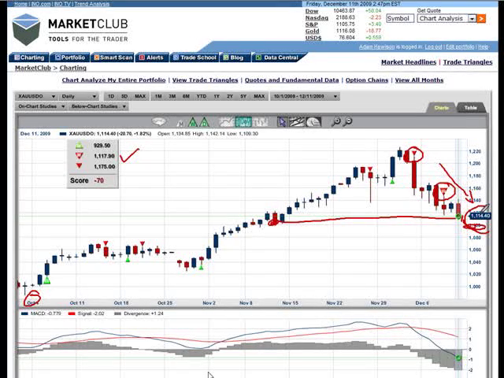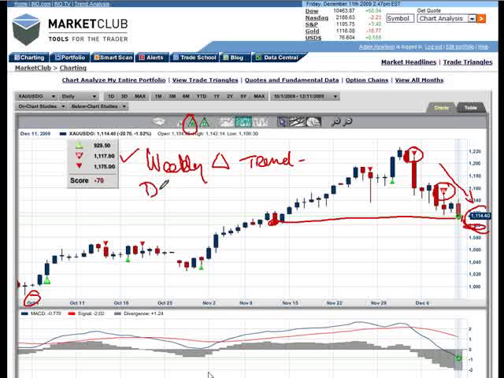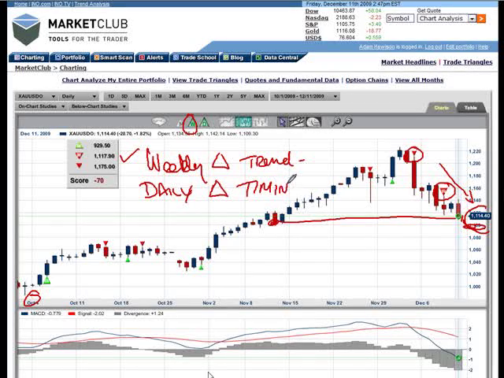So again, this is using a short-term trading technique. So once again, it's weekly, and that's this one right here for trend. So you only trade in the direction of the trend, and then it's daily triangles for timing to get in and out of the market.